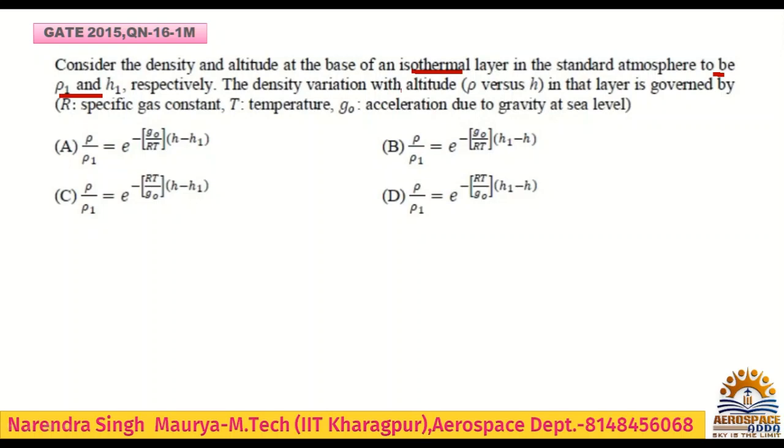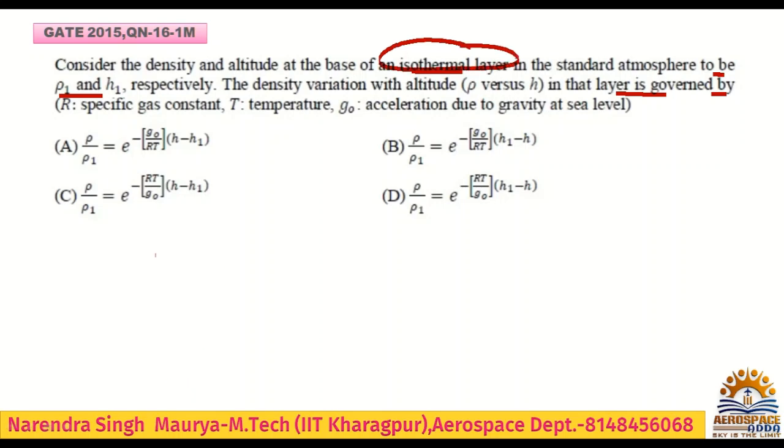The density variation with altitude, rho versus h, in that layer is governed by, where R is the specific gas constant, T is temperature, and G naught is acceleration due to gravity at sea level. So basically, if you read this, one thing they have given is that it is an isothermal layer.